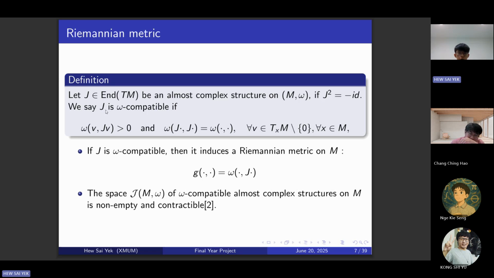We say it is omega-compatible if it is positive and invariant with respect to omega. Then an omega-compatible almost complex structure induces a Riemannian metric on M. Also, the space of compatible almost complex structures is not empty and contractible.